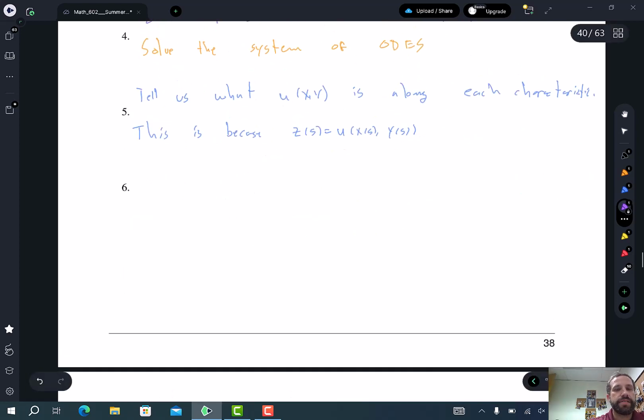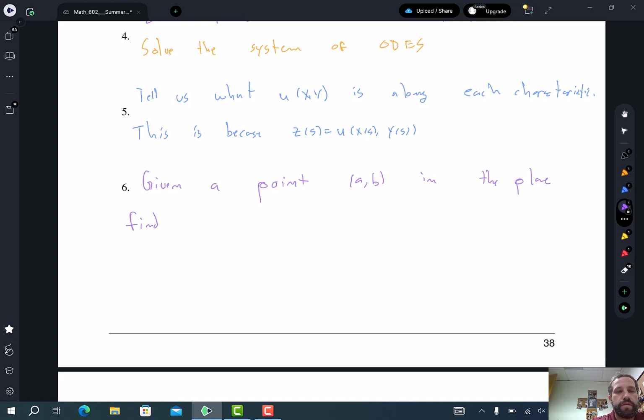So step 6, given a point, I'm going to use my common notation, which is A, B, because I'm using x and y for the characteristics. Given a point A, B in the plane, find the characteristic it is on.